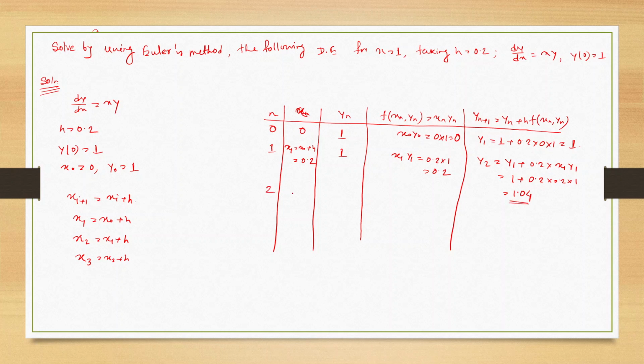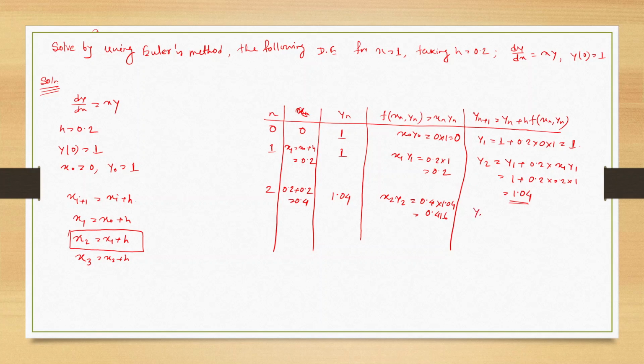So now if we put n is equal to 2, here we have to use this result x2 is equal to x1 plus h. That is 0.2 plus 0.2, that is 0.4, and the value of y2 is 1.04. So this is x2 y2, that is 0.4 into 1.04, this is 0.416.